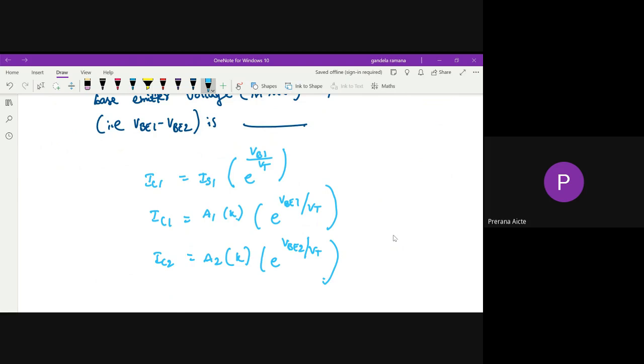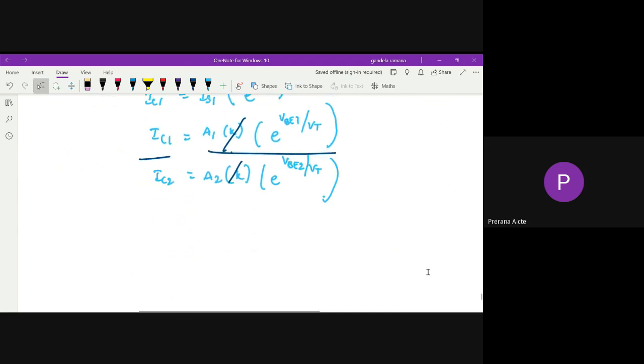In this case, the collector currents cancel since they are the same, but the areas are different. So definitely VBE changes.